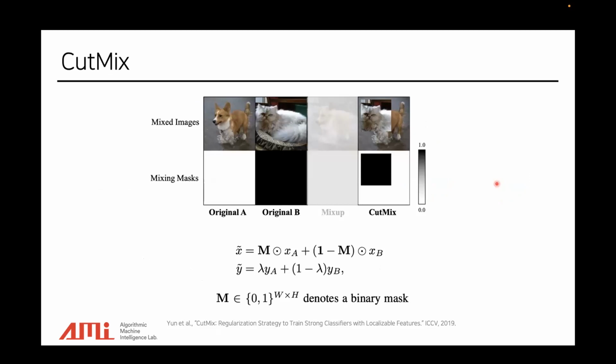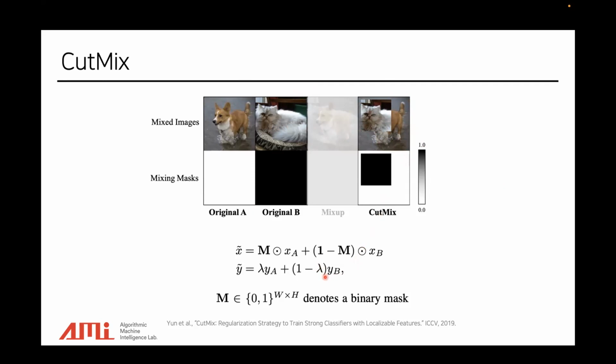And CutMix mixes two samples in a cut and paste manner like this. In this box-like mask region there is image B, and outside of the box region there is image A. Images are mixed like this, and then labels are linearly interpolated with the lambda parameter.